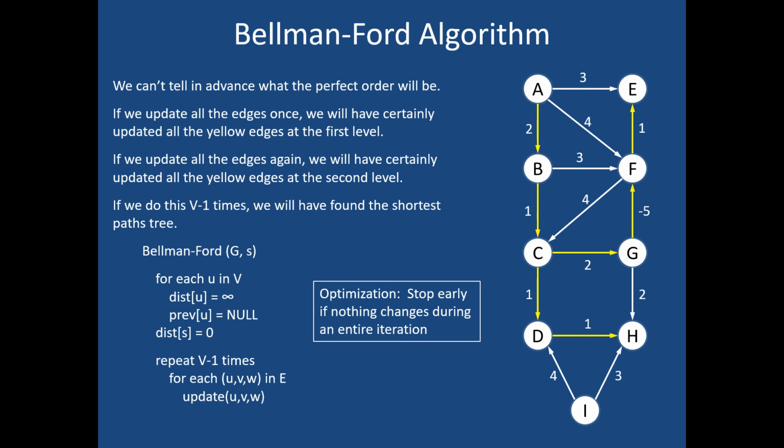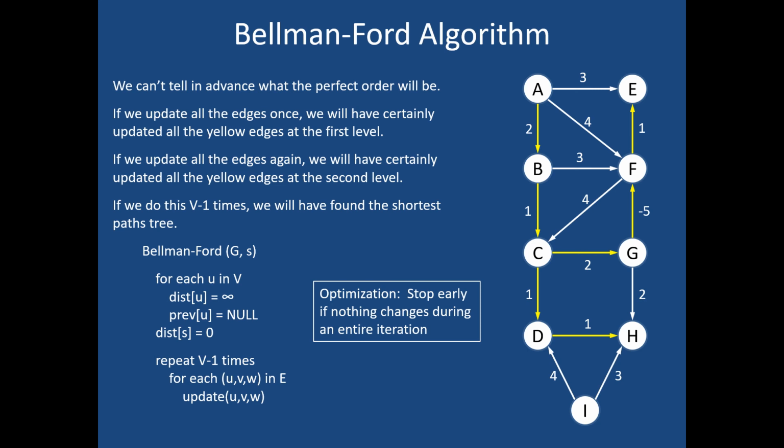You can stop early. What if you do an iteration and nothing changes? What if you do all the updates once and do them again, and that second time you notice that we never change anything in either array? None of the updates have an effect. Why can we stop right then? Another iteration won't change anything. Right.